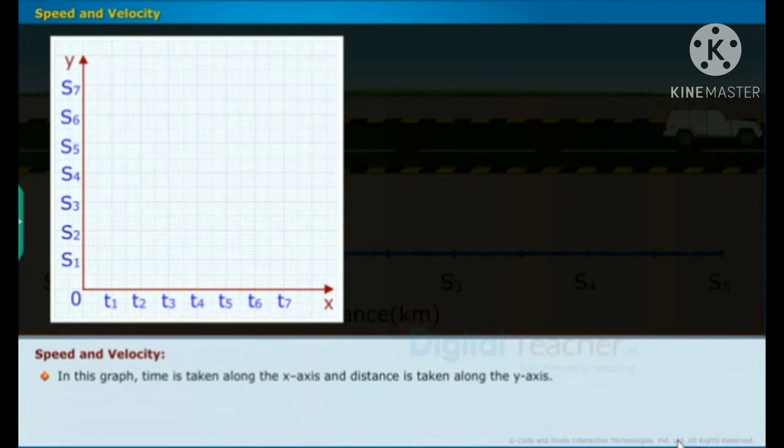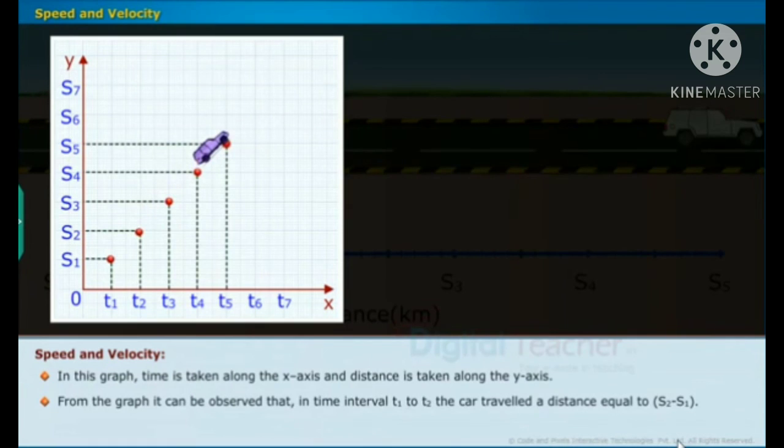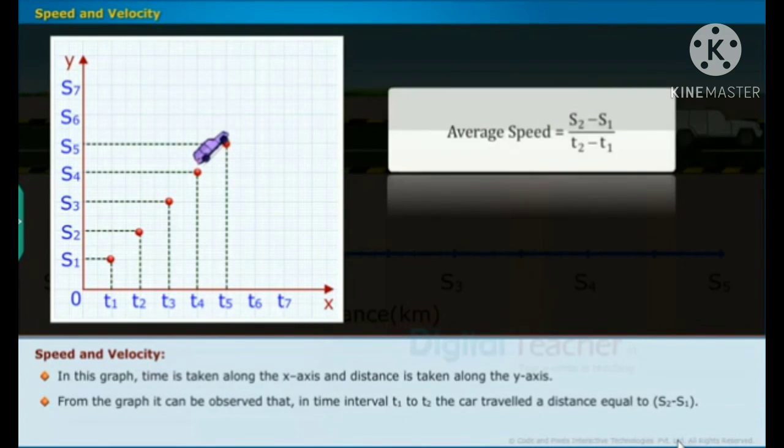In this graph, time is taken along the x-axis and distance is taken along the y-axis. From the graph, it can be observed that in time interval t1 to t2, the car traveled a distance equal to s2 minus s1. Then the average speed of the car is (s2 minus s1) by (t2 minus t1).